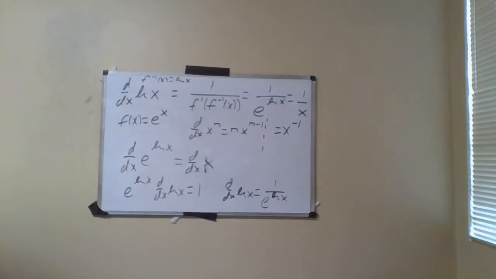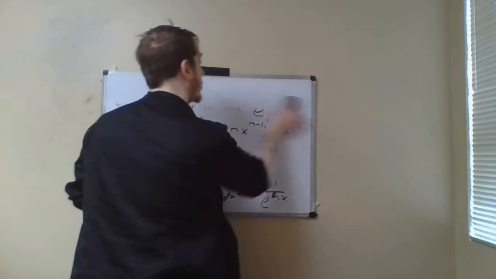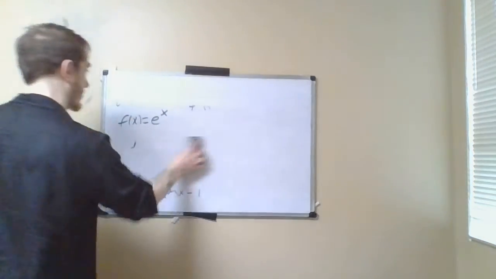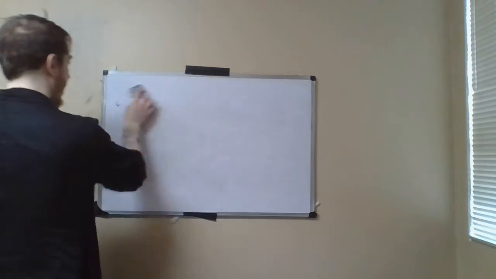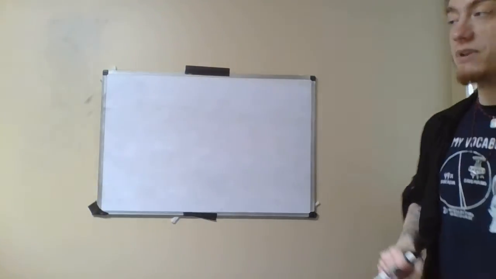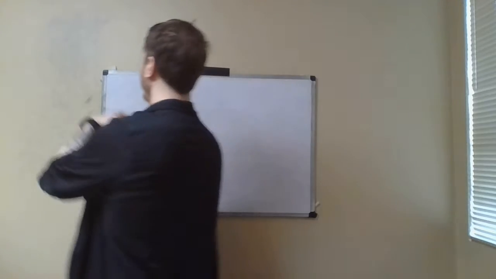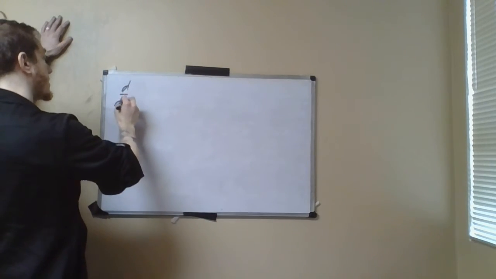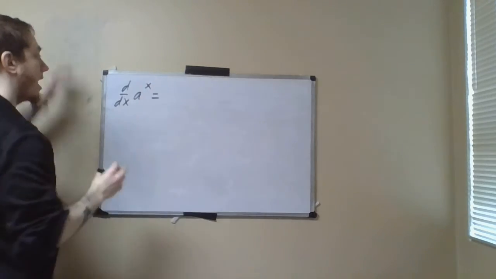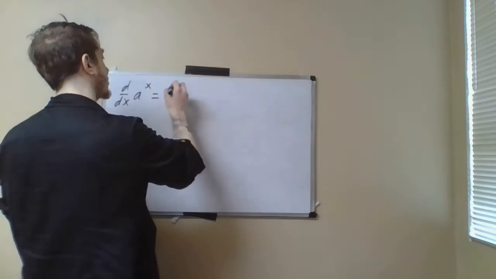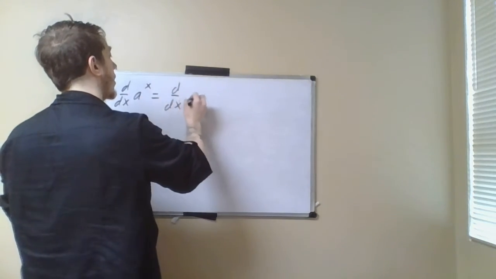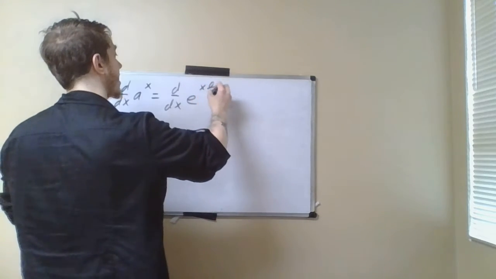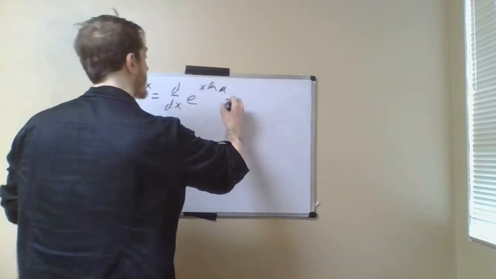Now, using this, we can also figure out the derivative of any logarithm. And by the way, we can also figure out, using the chain rule now, the derivative of any exponential. So let's quickly go through how you do that. If I wanted to take the derivative of a to the x, I can remember that this is actually the derivative of e to the x times the natural log of a.